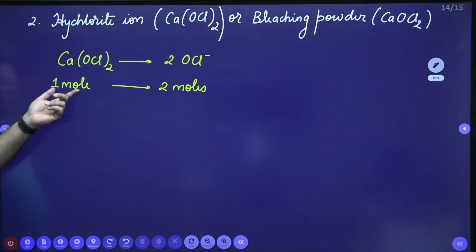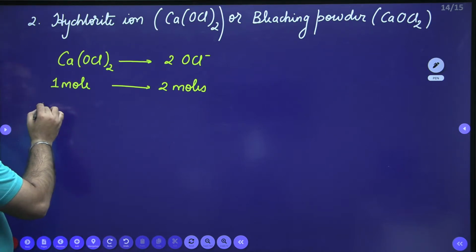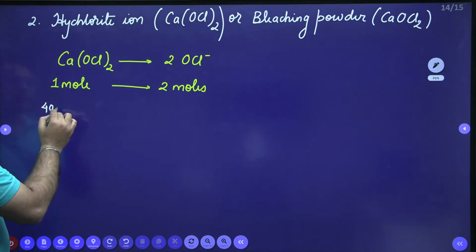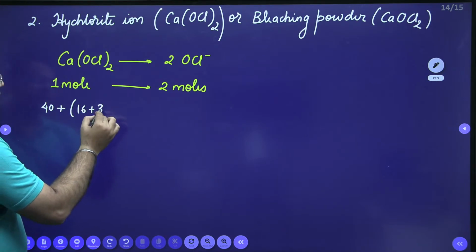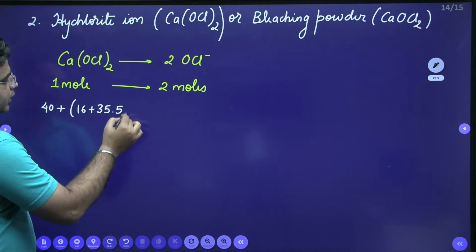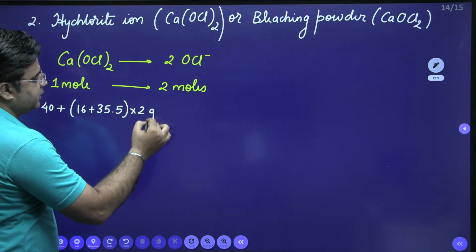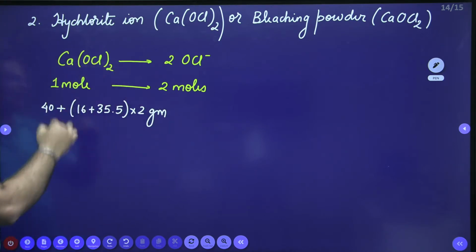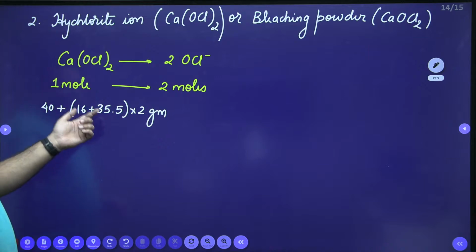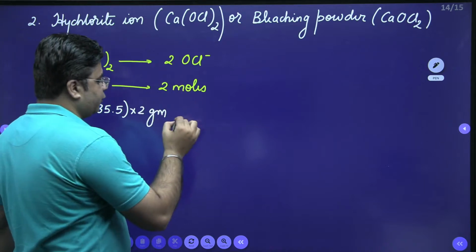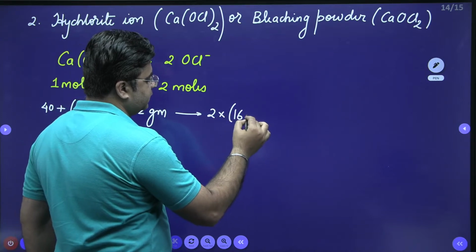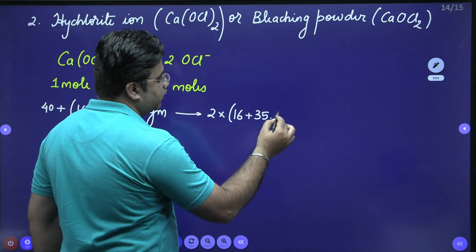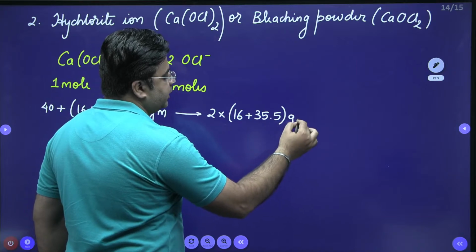You can just calculate the molecular weight of CaOCl2. Calcium is 40, oxygen is 16, chlorine is 35.5 into 2. This is the weight in grams of CaOCl2, and this much weight will give 2 moles of OCl minus ion, which is 16 plus 35.5 each. Okay, this is also in grams.